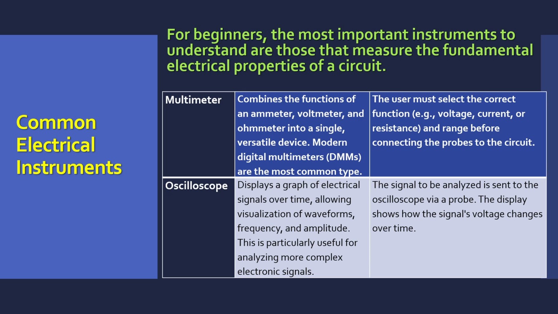The signal to be analyzed is sent to the oscilloscope via a probe. So probes are connected, like if you want to measure the current, your probe has to be connected in such a manner that the current passes through the oscilloscope. And the display shows how the signal voltage changes over the time.